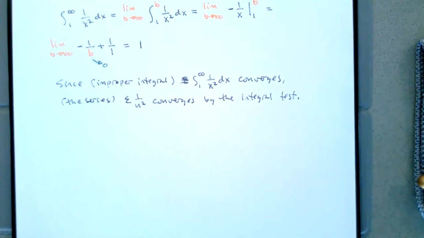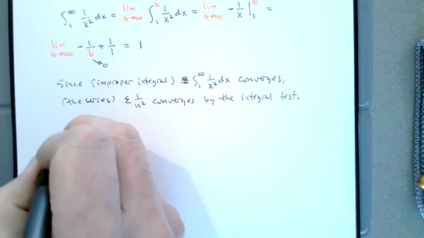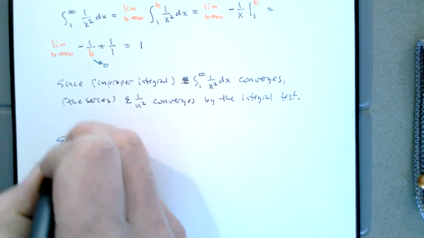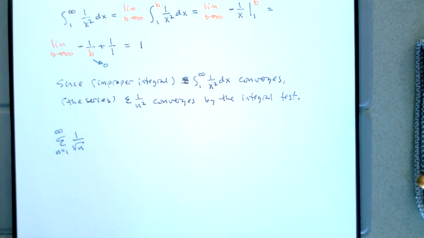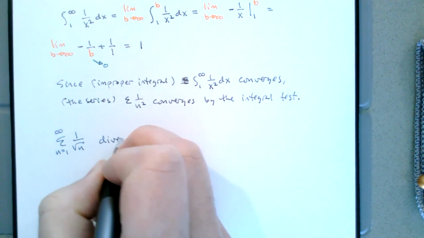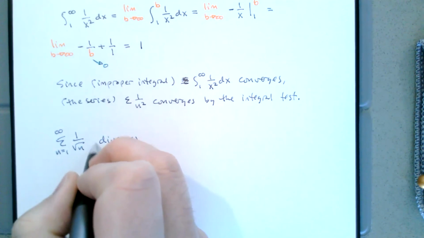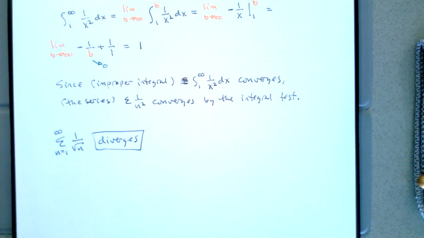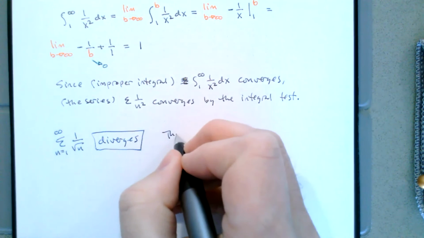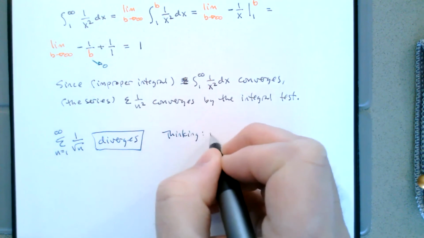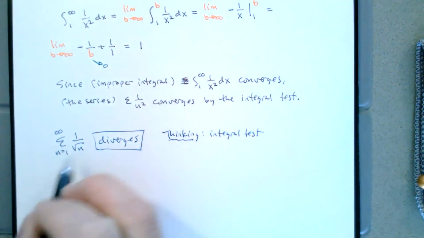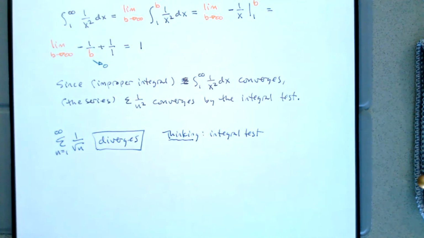And so if I write a sum of 1 over the square root of n as n goes from 1 to infinity, we can determine right away that this diverges. We can just look at it and see that it diverges. The thinking that allows us to determine that this diverges real fast is the integral test.